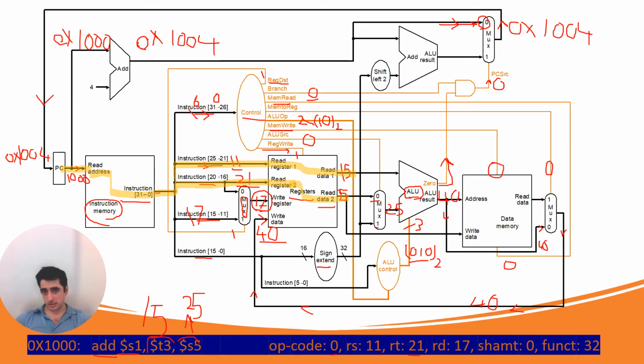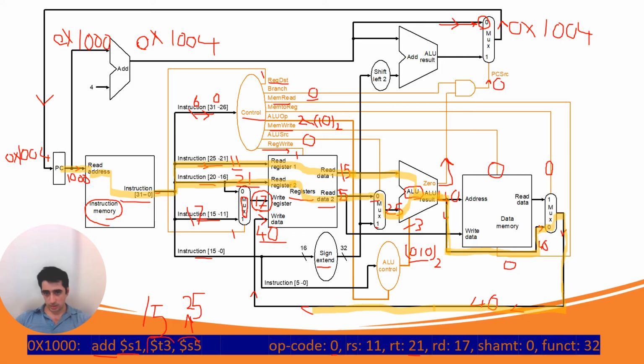Then it's going to get out of the register file after reading the RS and RT. Then it gets to this multiplexer, and then into this ALU, as you see, and then the result is going to be passed here downward into this multiplexer, and then this multiplexer is going to move data down to this wire.